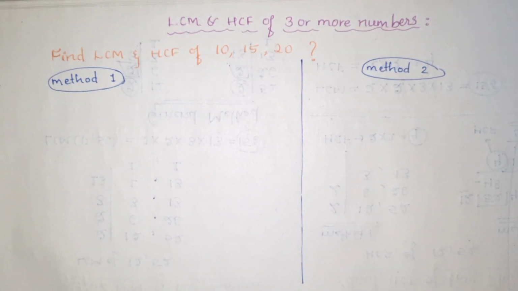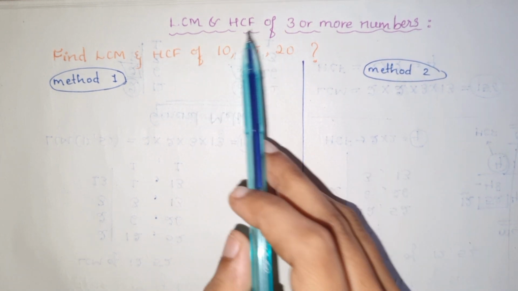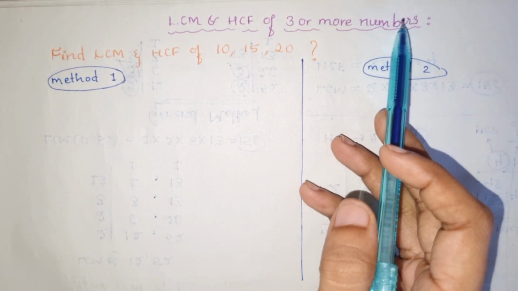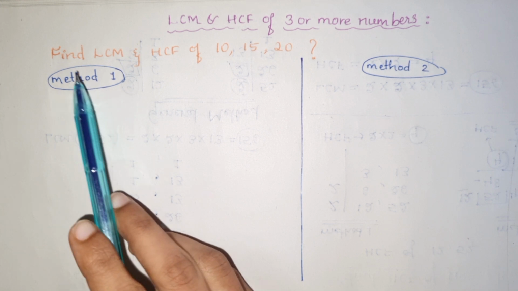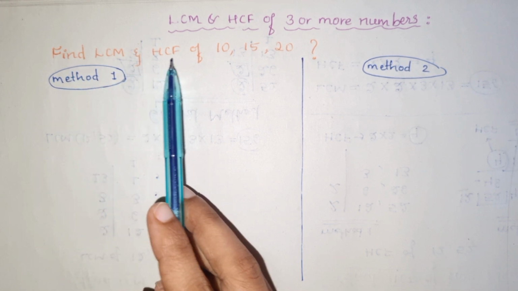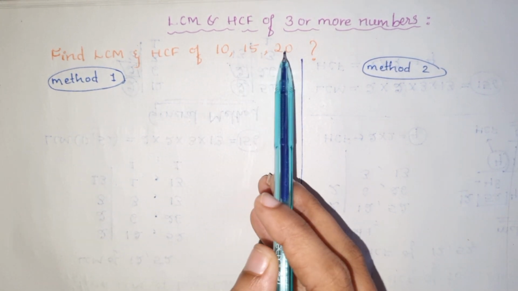Now let's learn how to solve LCM and HCF of 3 or more numbers. The question given here is: find LCM and HCF of 10, 15 and 20.